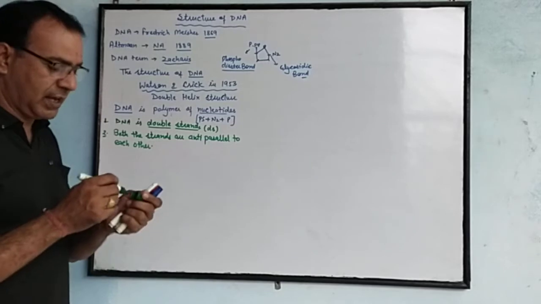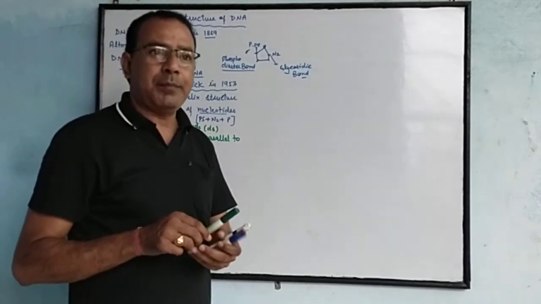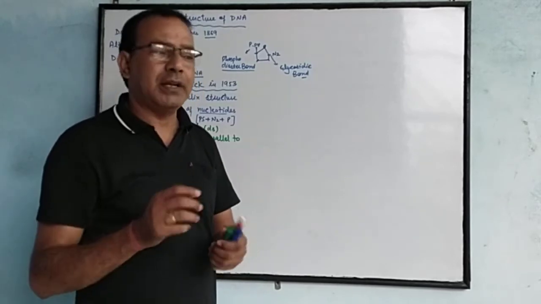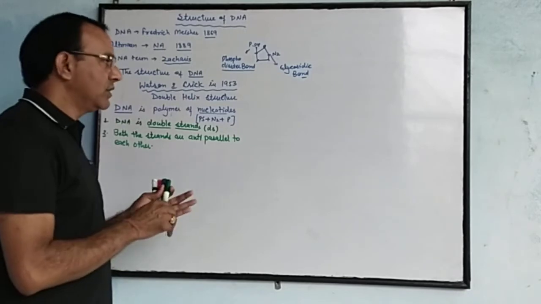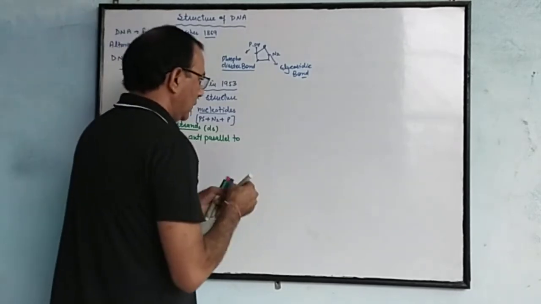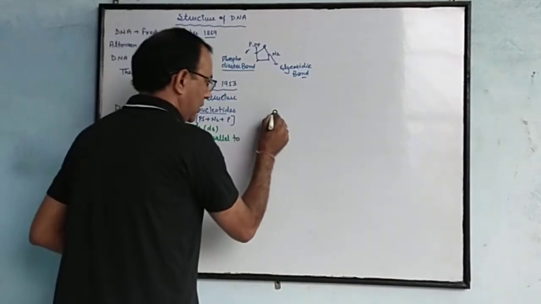How are these two strands anti-parallel to each other? If one strand has the polarity 3' to 5', then the other is 5' to 3'. How are these anti-parallel strands generated? Suppose we take one nucleotide.